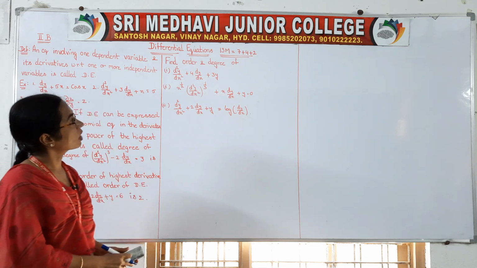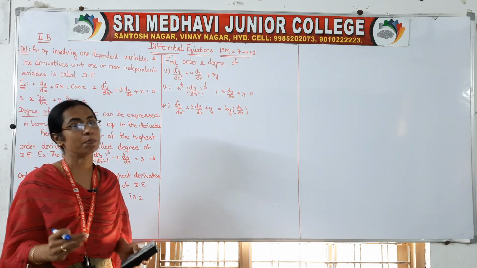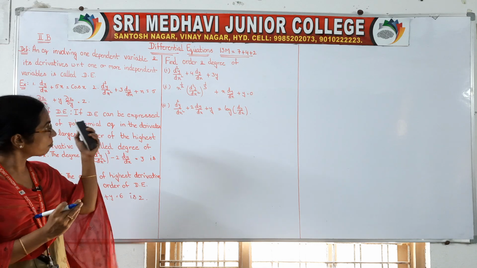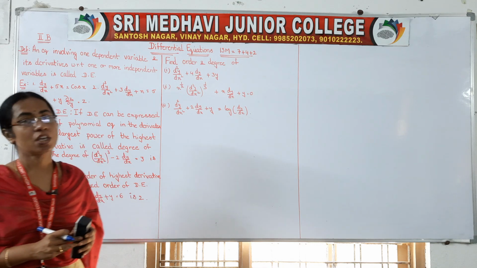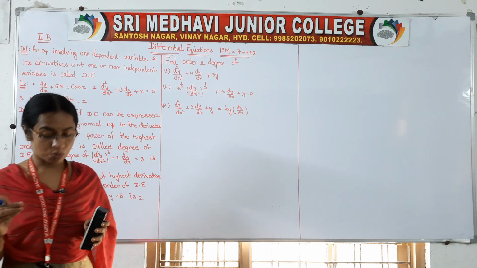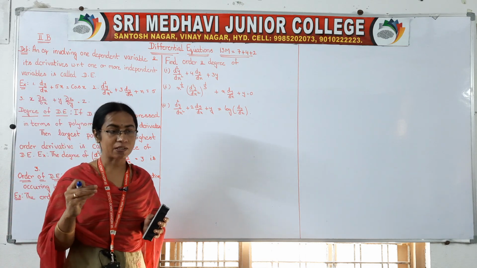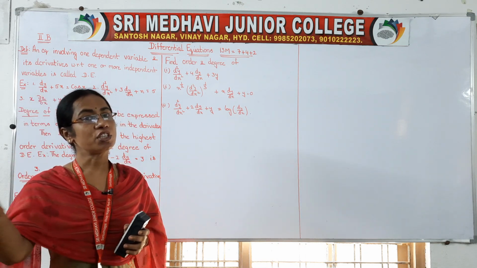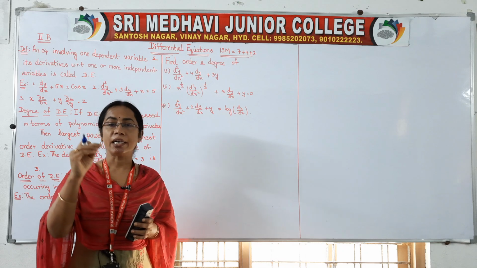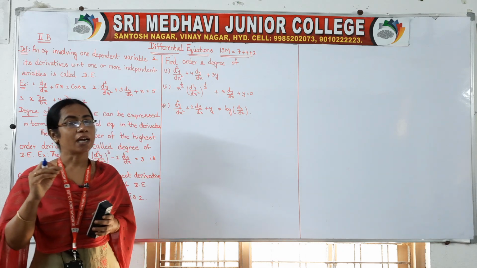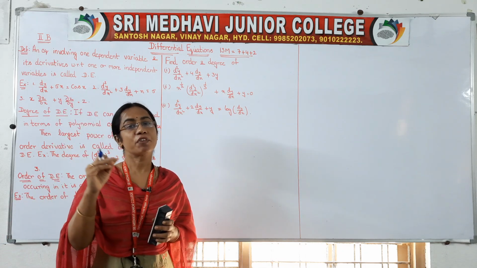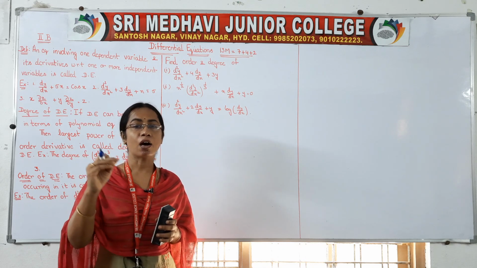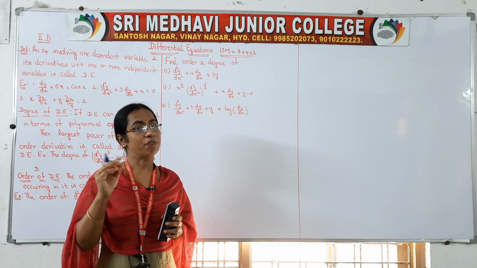So first of all, come to the definition of what is meant by a differential equation. The topic name is differential equations. Which equations are said to be differential equations? Any equation which involves one dependent variable and its derivatives with respect to one or more independent variables.